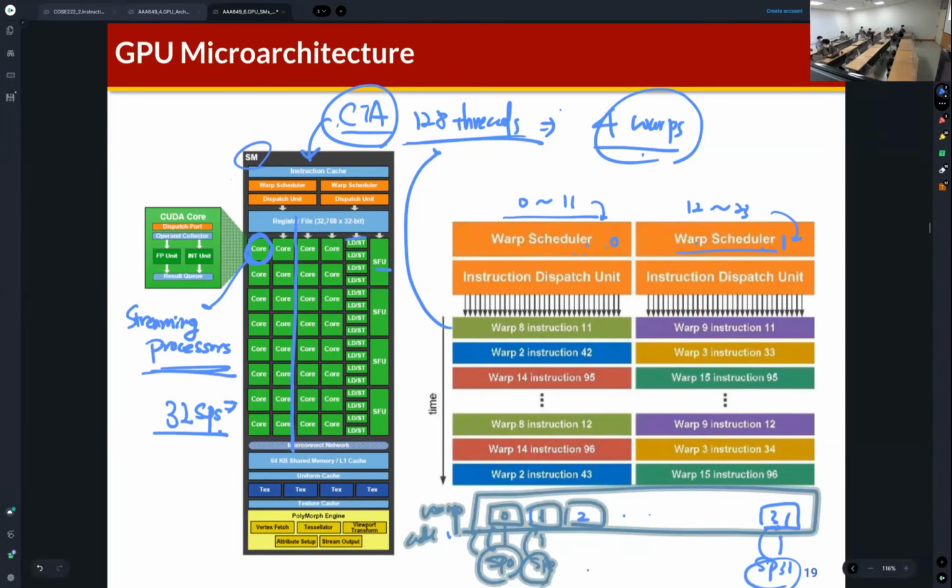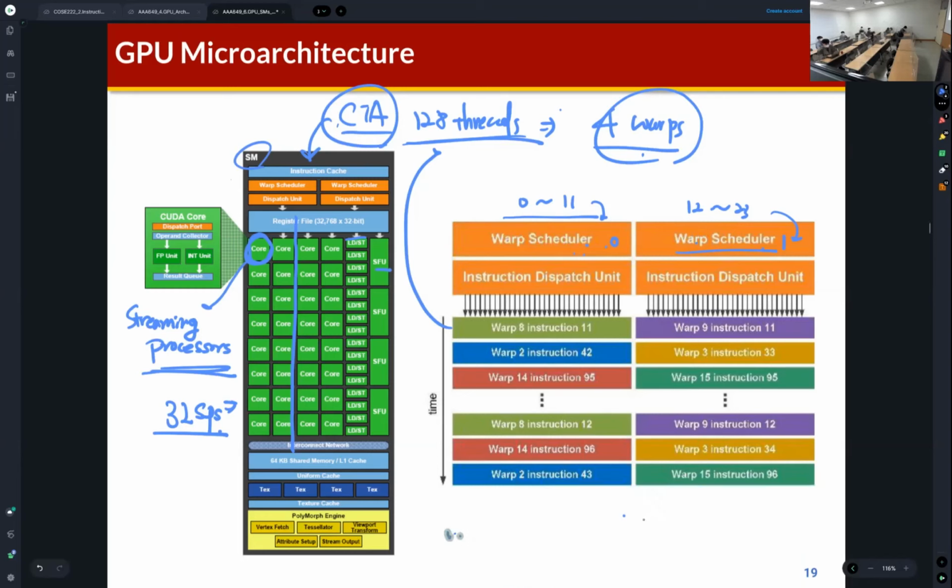Okay, then how are these warps assigned? I explained that a GPU works like multi-threading. So this is the multi-threading of the multiple warps. Also, GPU supports fine-grained multi-threading.